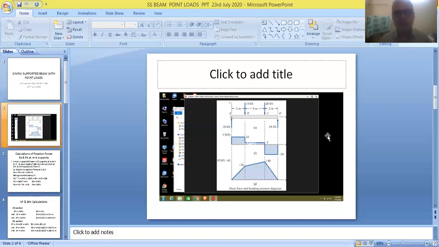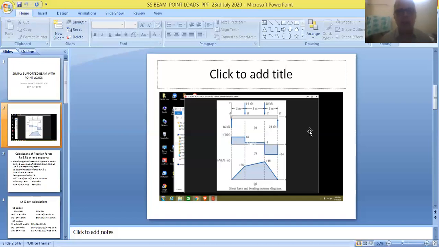So friends, apart from the point loads of 14 and 28 kilonewtons, we have to make necessary arrangements for indicating the values of the reactive forces RA and RD. These are the things which we are supposed to indicate on this diagram.